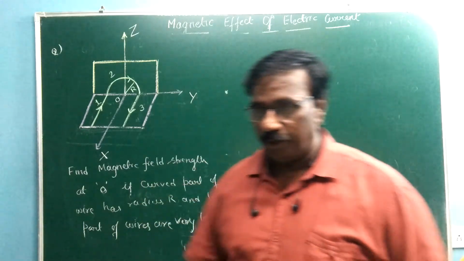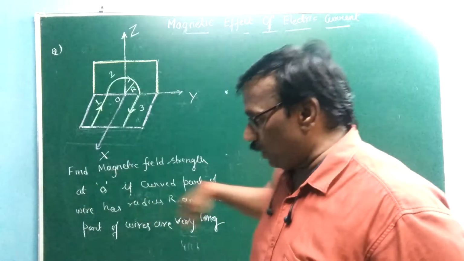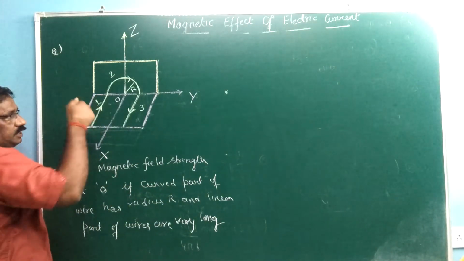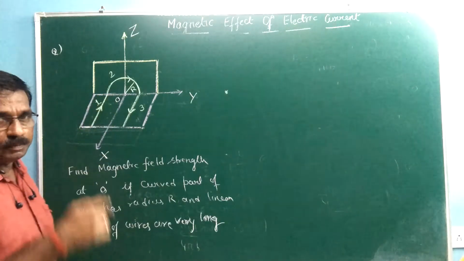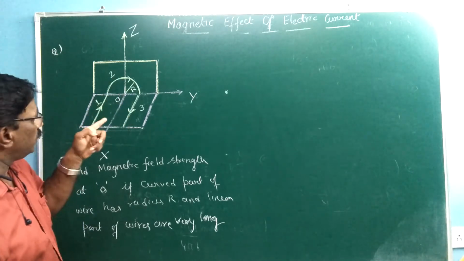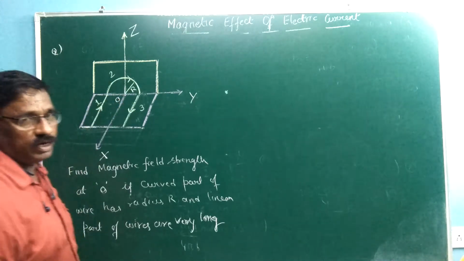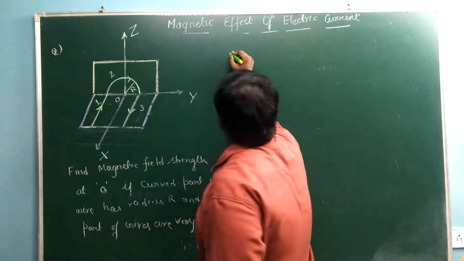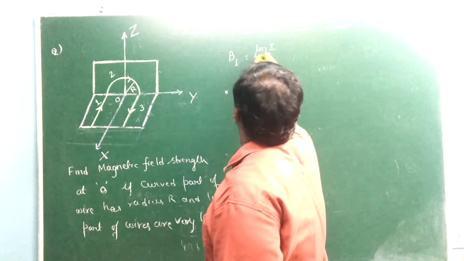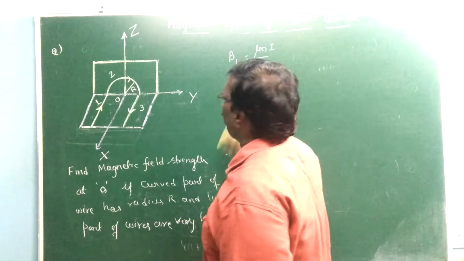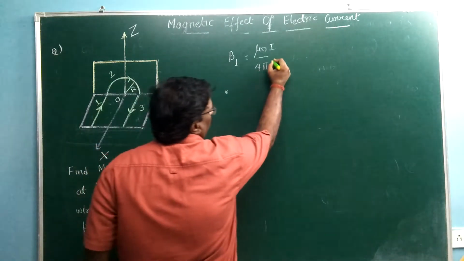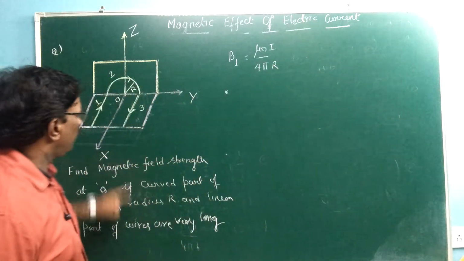Okay, then the first one is in the xy plane. Suppose this is x and this is y. So the wire is going like this. And you know how to calculate magnetic field strength? This side is into. So which is perpendicular to the xy plane? It is the z axis. Positive z axis is towards you and negative z axis is away from you. So because of the first wire, it being semi-infinite, B1 equals mu naught I by 4 pi r, the distance being equal to the radius.